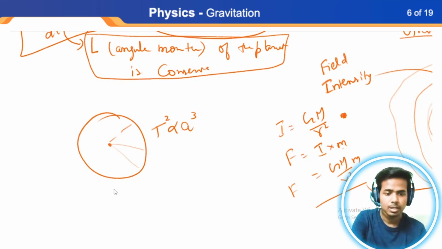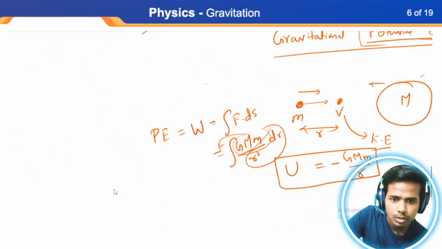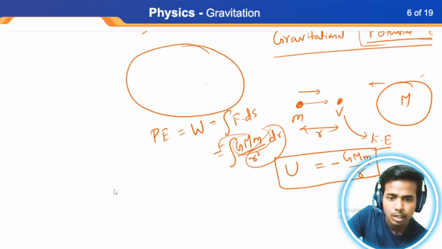A cube means the semi major axis. What is the semi major axis of an elliptical orbit?